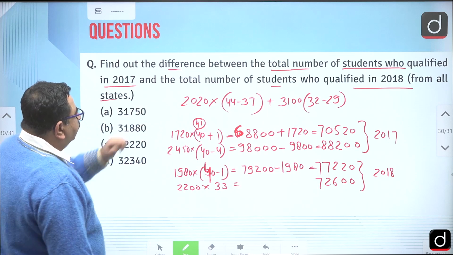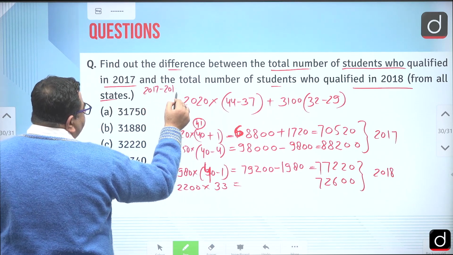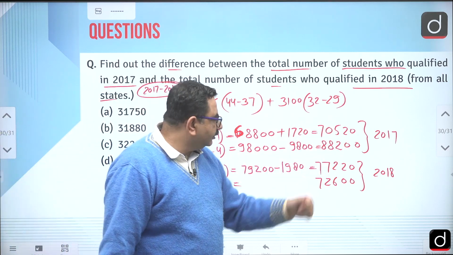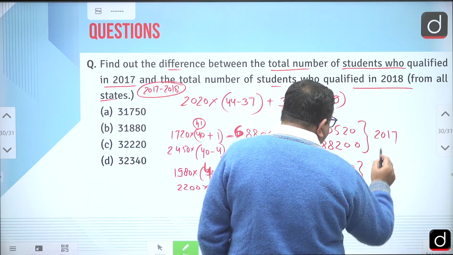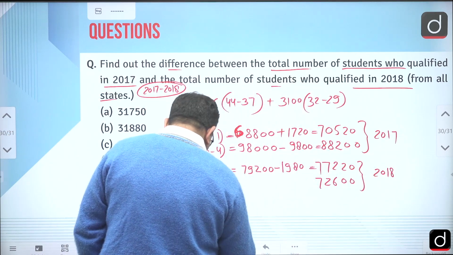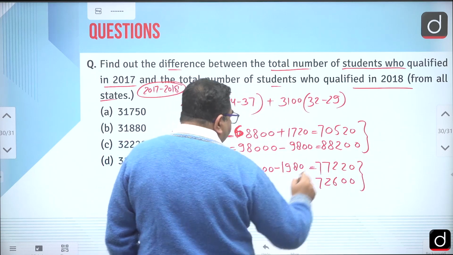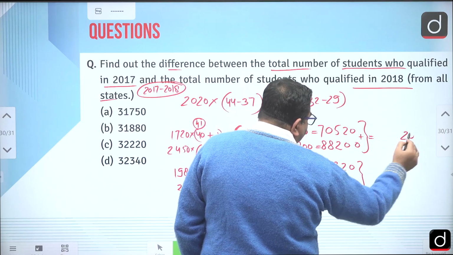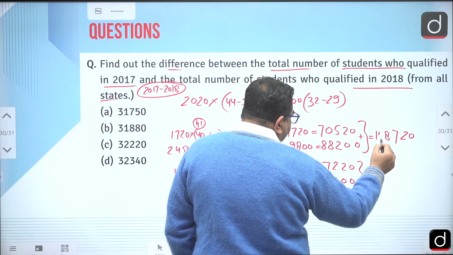And rest is what? This is also the data of 2017 minus 2018, right? Now we'll check this calculation. So if you add both of them, what you will be getting, this is for 2017. Now we know that, if you add both of them, we are getting, this is 25 plus 2, 7, this is 8, 15.